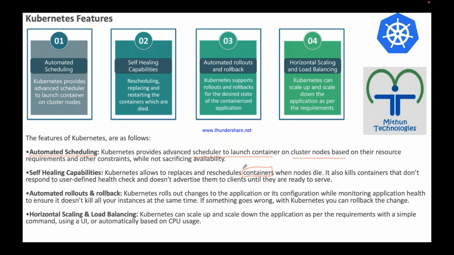Kubernetes will replace or reschedule containers if that container goes down or some node goes down. Suppose some node goes down, what will happen to the containers which are running in that node? What does Kubernetes do? It will shift the containers to another node. But Kubernetes will not manage the containers directly.